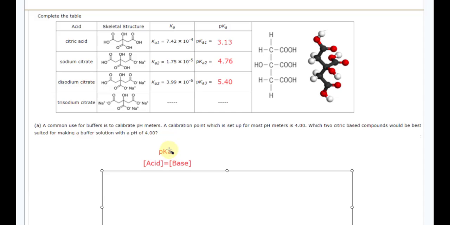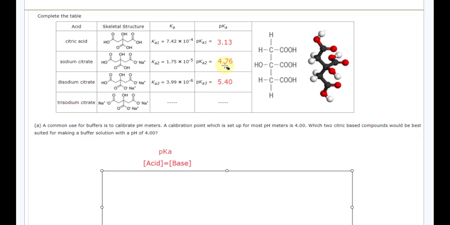So when you have equal amounts of citric acid and sodium citrate, you would end up having a pH of 3. Now, if you had a mixture of sodium citrate and disodium citrate, where this is the acid and this is our conjugate base, and we had equal amounts of those, we'd have a pH of 4.77.